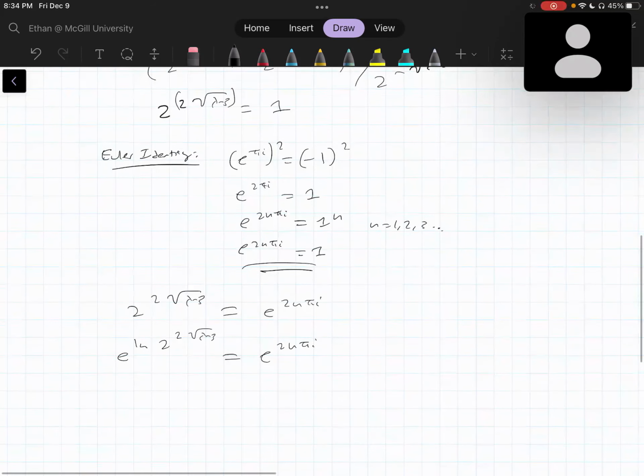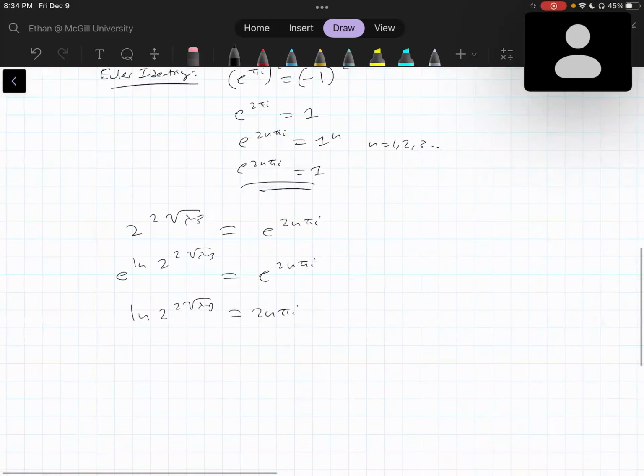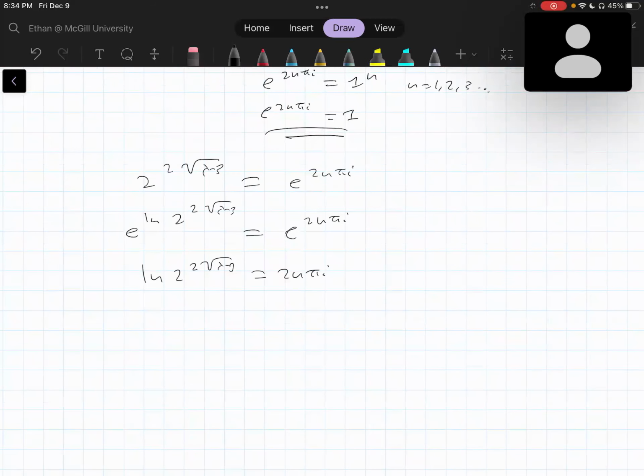Now we can equate exponents and say that ln of 2 to the power 2 root lambda minus 3 is equal to 2n pi i. And in the same way, as a property of lns, we can say that for 2 root lambda minus 3, we just bring that exponent down.